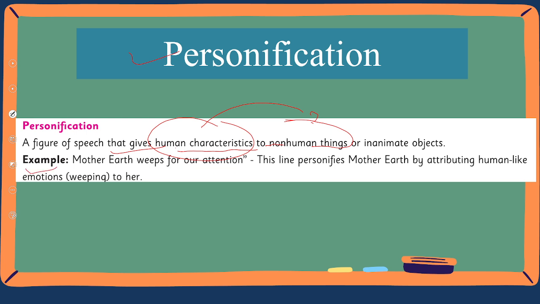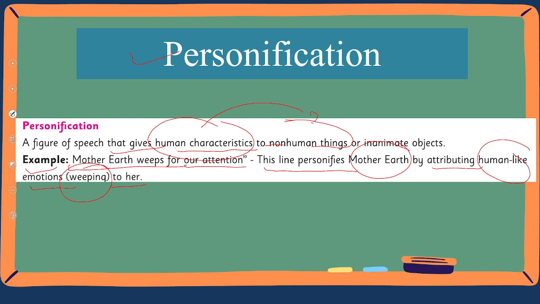For example, Mother Earth weeps for our attention. Now, in this line, weeping is for humans, not for the earth. But if we say Mother Earth weeps, then the line personifies Mother Earth by attributing human-like emotions, which is weeping, to cry, to weep.